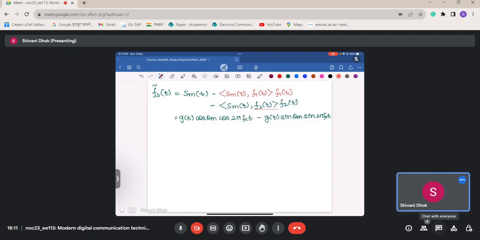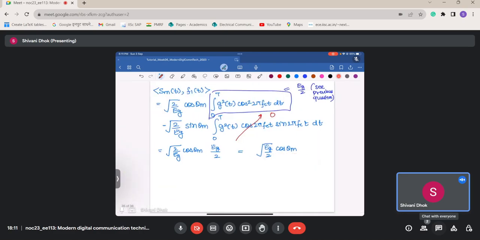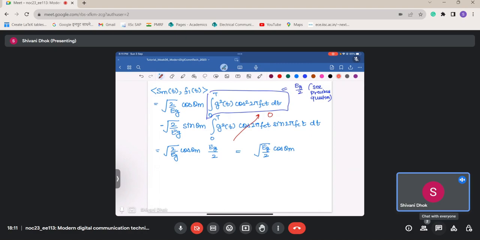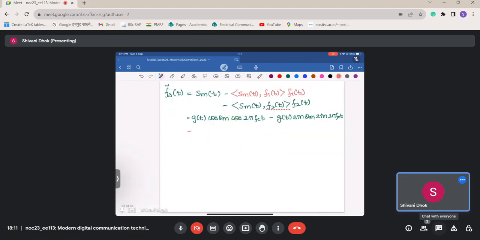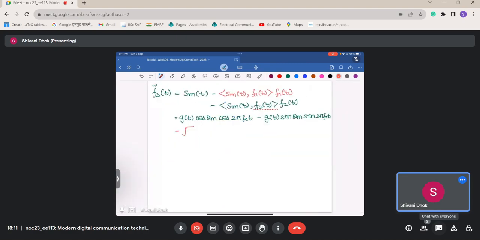We are having this inner product of SM(t) with f1(t). SM(t) with f1(t) is root of Eg by 2 cos theta m. So this is root of Eg by 2 cos theta m, and f1(t) was root 2 by Eg g(t) cos 2 pi fct.